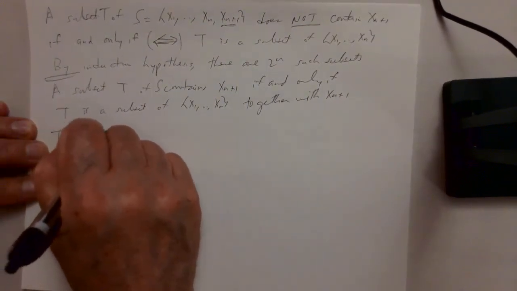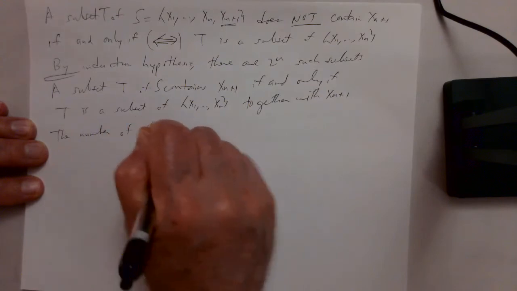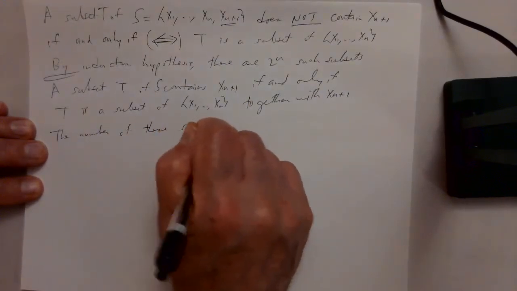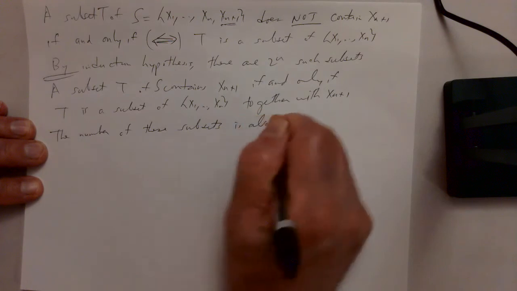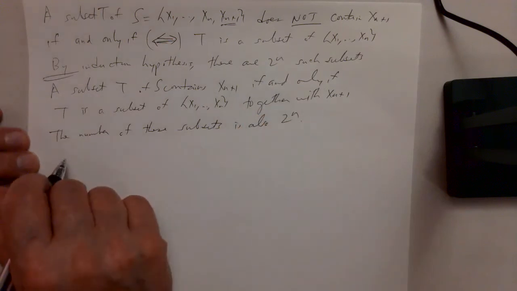So the number of these subsets is also 2 to the n.